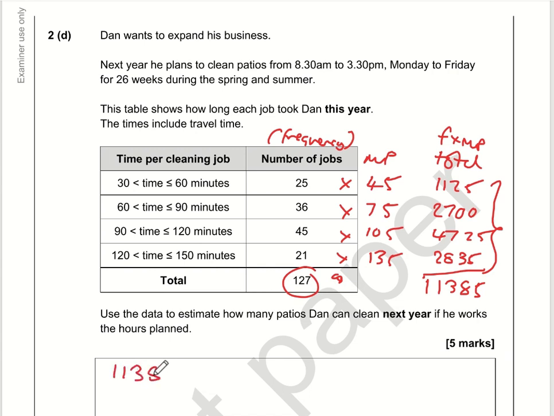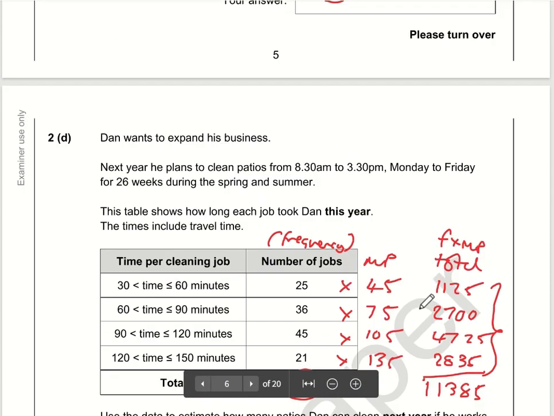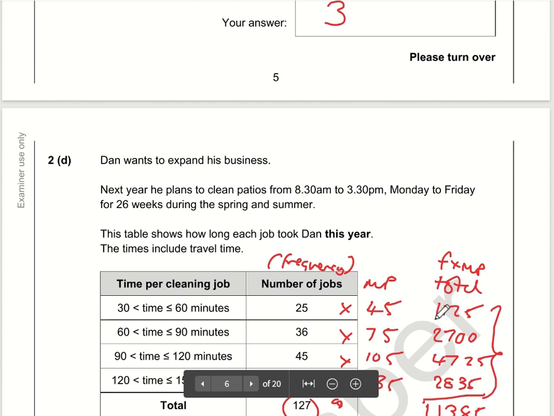So 11385 divided by 127 jobs, that is an estimated mean of 89.645666929, and that is minutes per patio or per job. We probably don't need quite so many decimal places, but okay, let's leave it as it is for now.